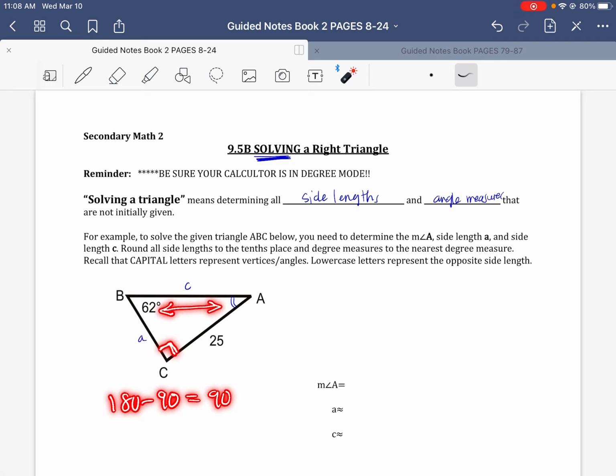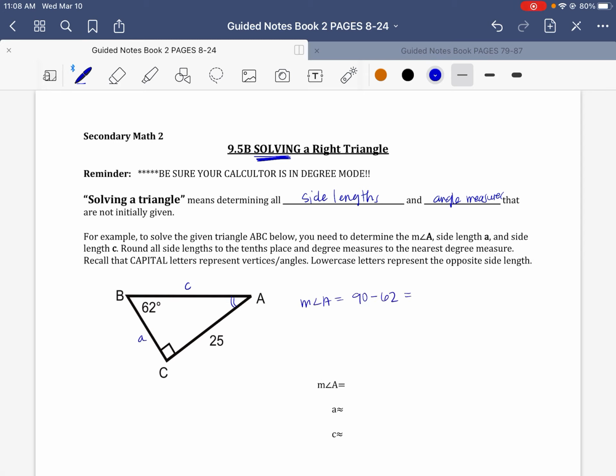So these two we know always combine to make 90 degrees, or in other words, they're what we call complementary angles. So anytime I know one of the angles, if I want to find the measure of angle A, I'm just going to take 90 degrees and subtract 62 degrees. Make sense? And when I do that, I end up with 28 degrees. So the angle measure of angle A is 28 degrees.